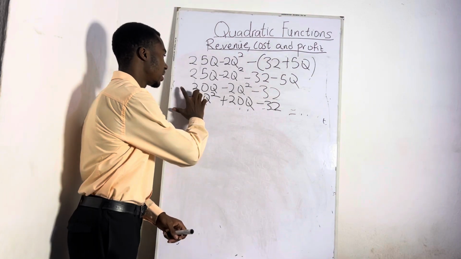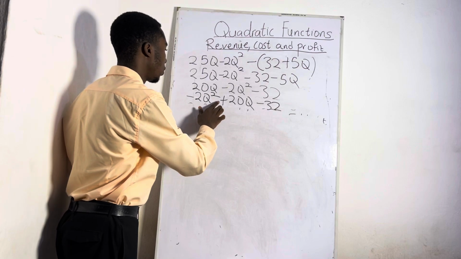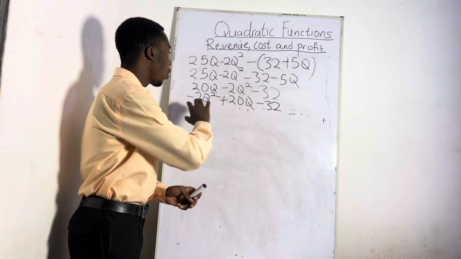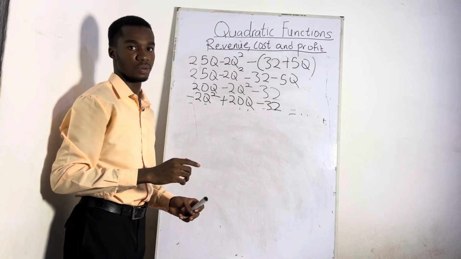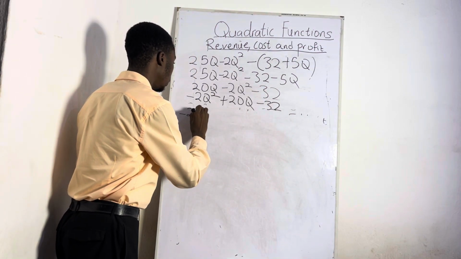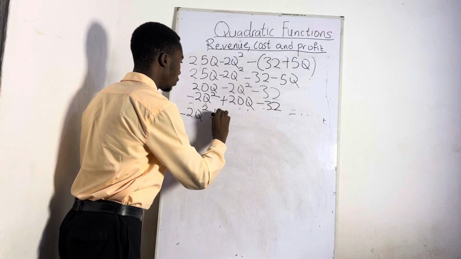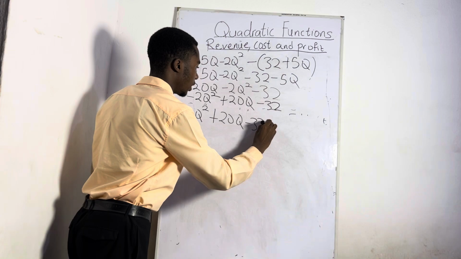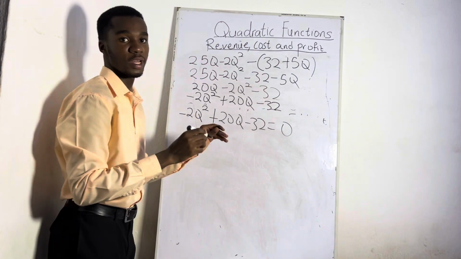And this is our profit, negative 2Q squared plus 20Q minus 32. So where it breaks even is where negative 2Q squared plus 20Q minus 32 is equal to 0.